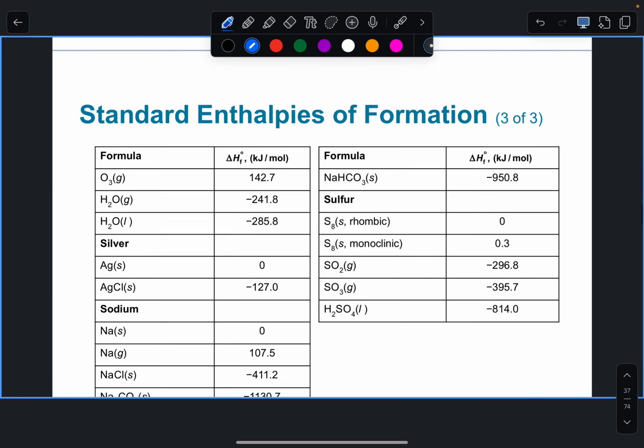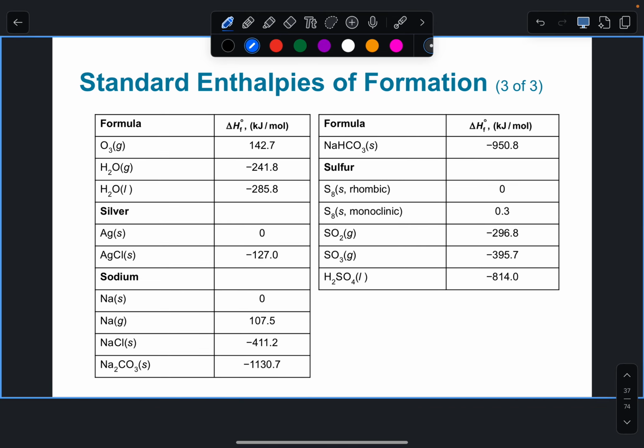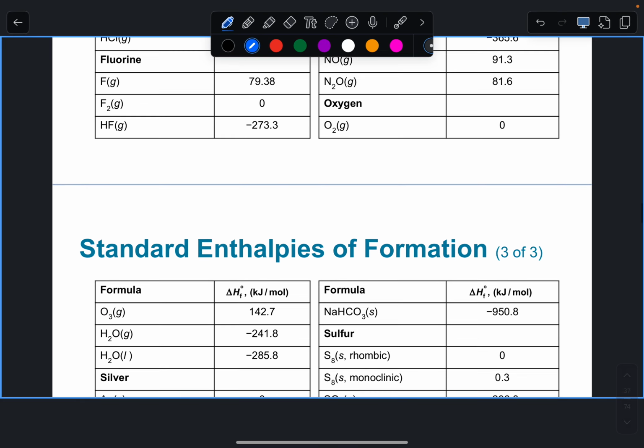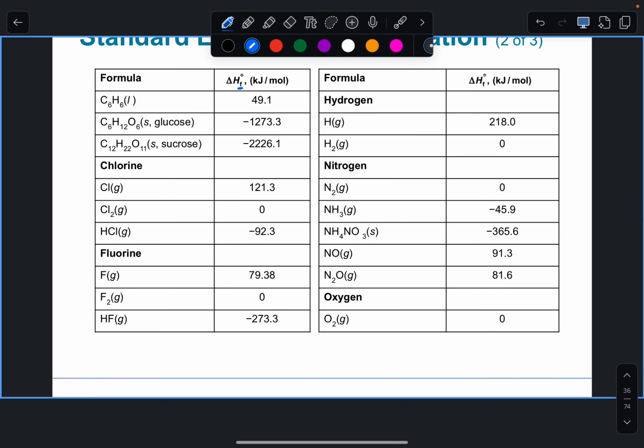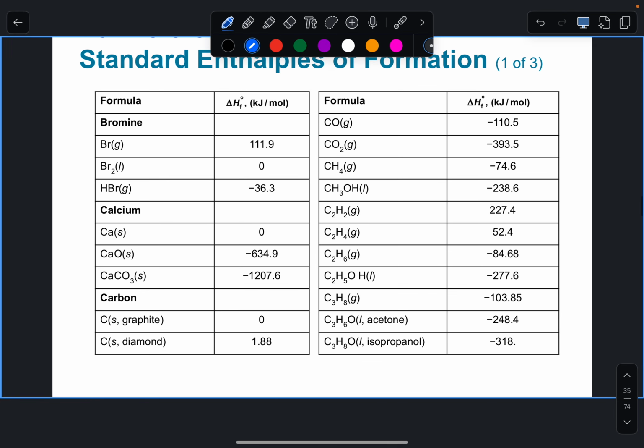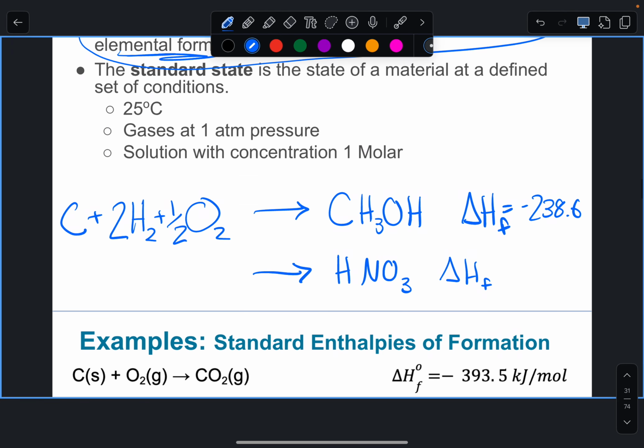It might not even be in this table. Looks like it's about negative 206.